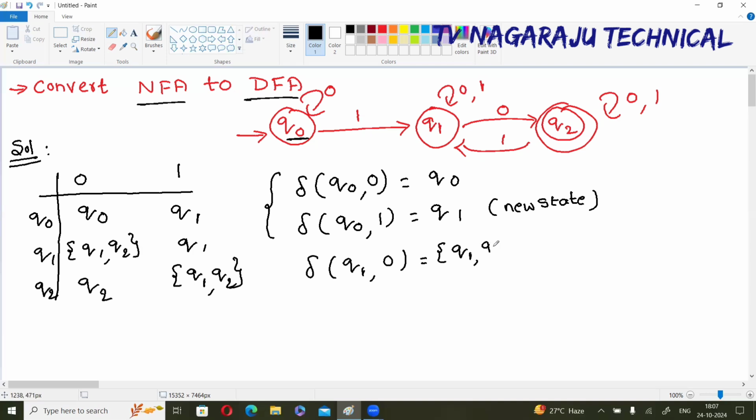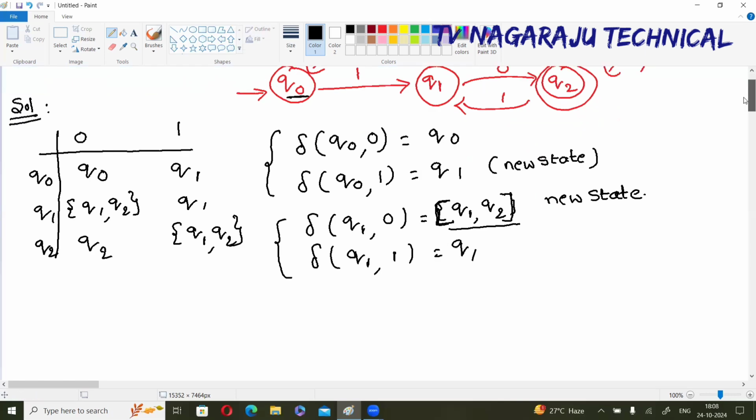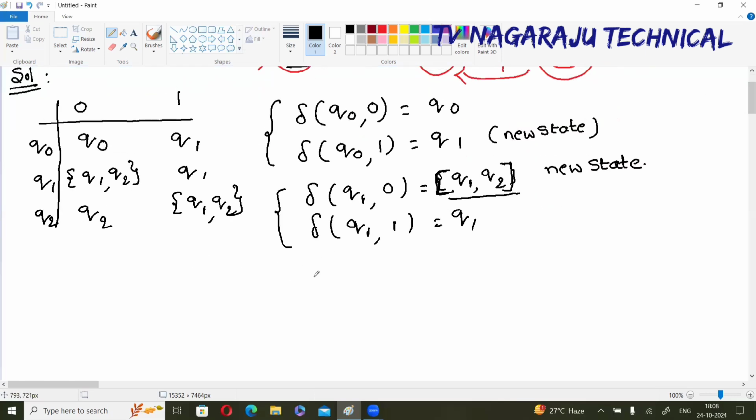Q1 comma Q2. Delta of Q1 on 1 is Q1. Q1 is already an old state. Q1, Q2, this is considered as a single state. So this is a new state. Here you can write it in square brackets. This is a new state. Clear? Now make the transition with the new state.